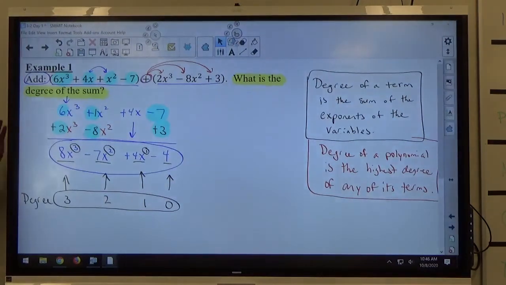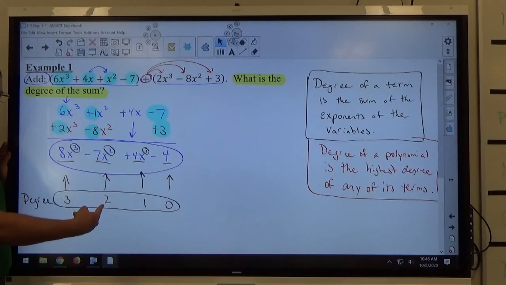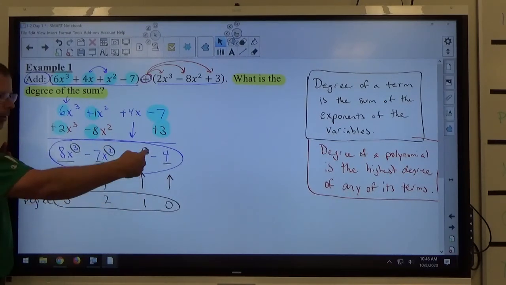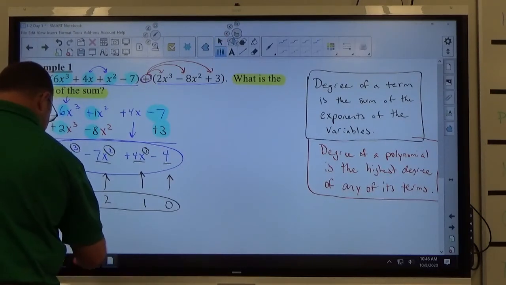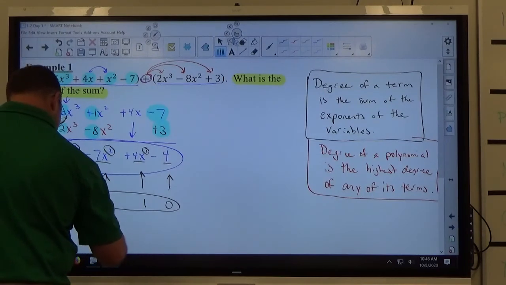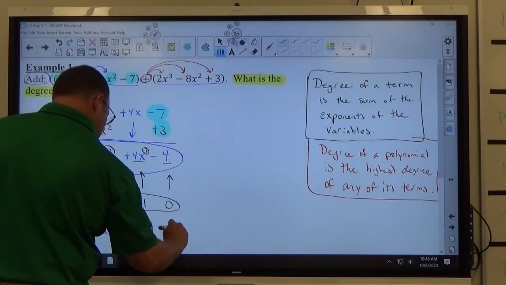So once you establish each individual term's degree, the degree of this is 3, the degree of this is 2, the degree of this is 1, the degree of this is 0. Whatever the highest number is in that list, that's the degree of the polynomial. So the degree of the sum is 3.